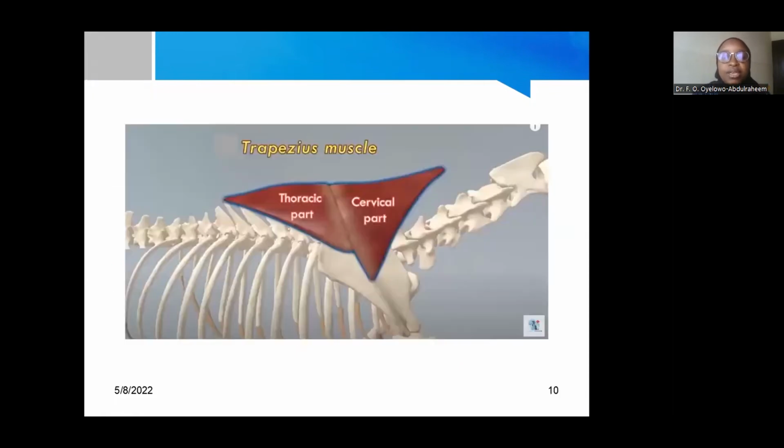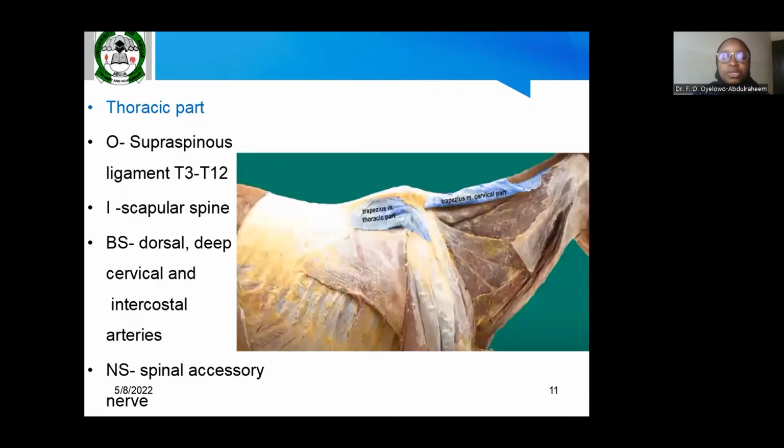As you can see from here, the cervical part originates this way from C2 to T3, inserting on the scapular spine, while the thoracic part originates from T3 to T12. It also inserts on the scapular spine in the same fashion as the cervical part of the trapezius muscle.